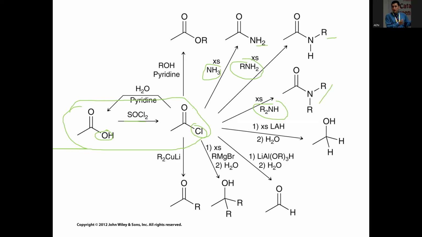So here, full reduction with LAH takes you to primary alcohol. Partial reduction with lithium tri-tert-butoxy aluminum hydride takes you to aldehyde. Grignard adds twice, taking you to an alcohol. Cuprates add once and stop at ketone. Okay, you don't get an alcohol with cuprate.